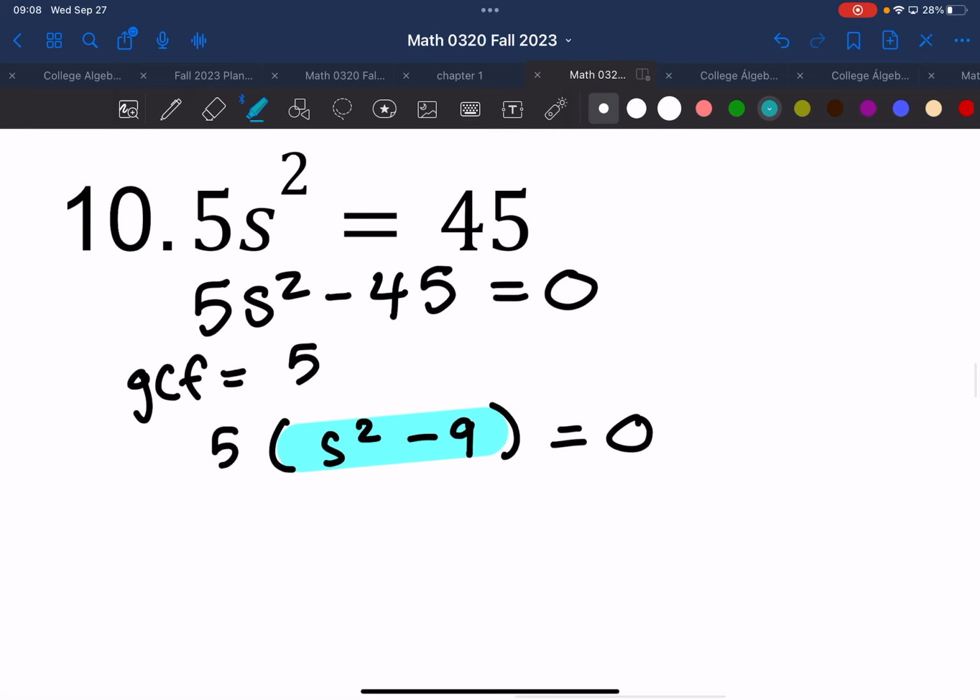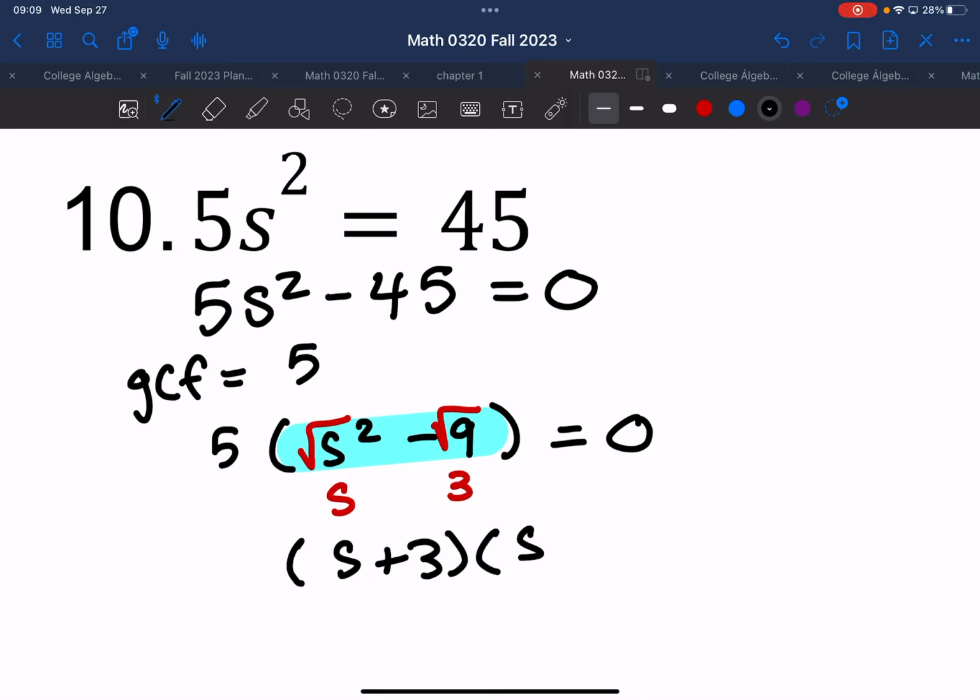So that means we take the square root of each term, and we get s and 3. Okay. So that means just from the parentheses, what are my factors here? S plus 3, s minus 3. Good. And I bring down that 5, set it equal to 0.